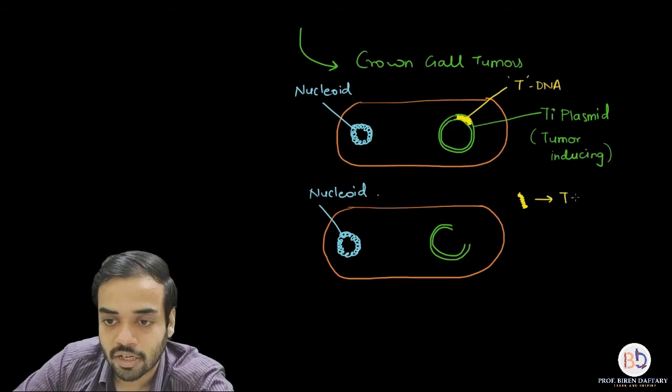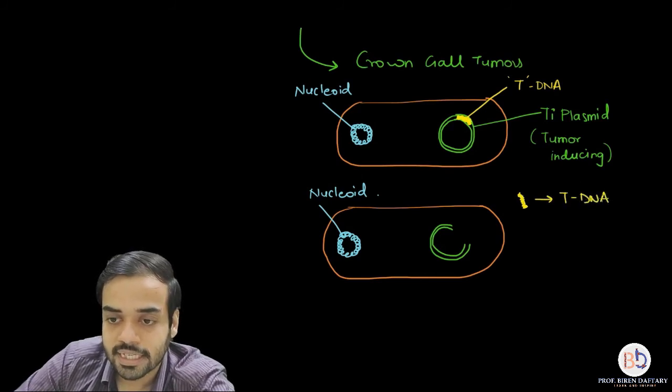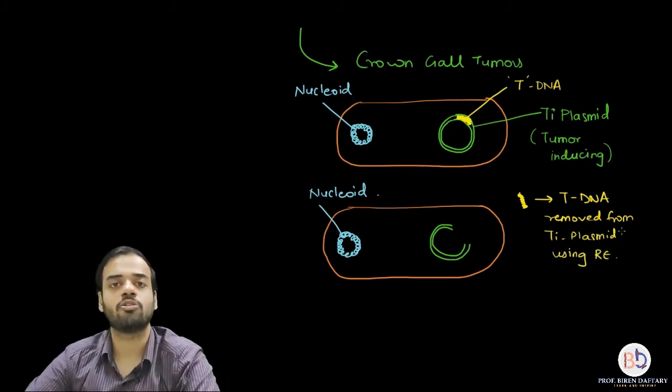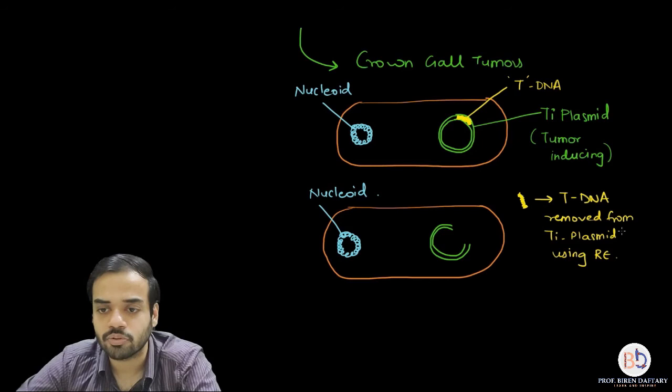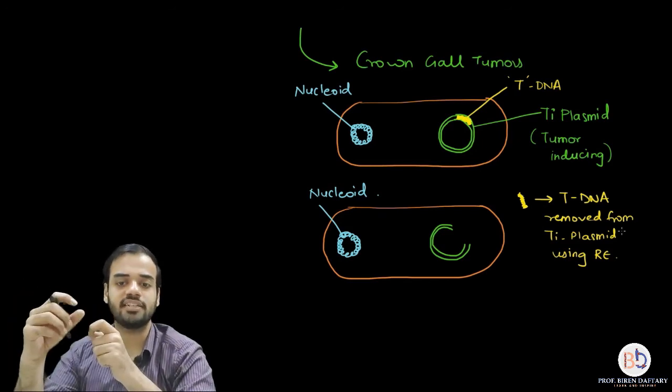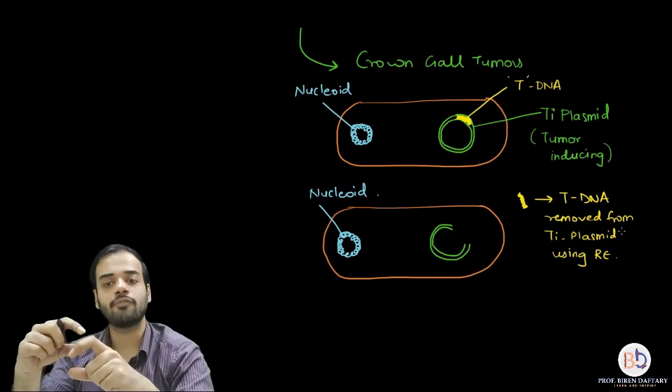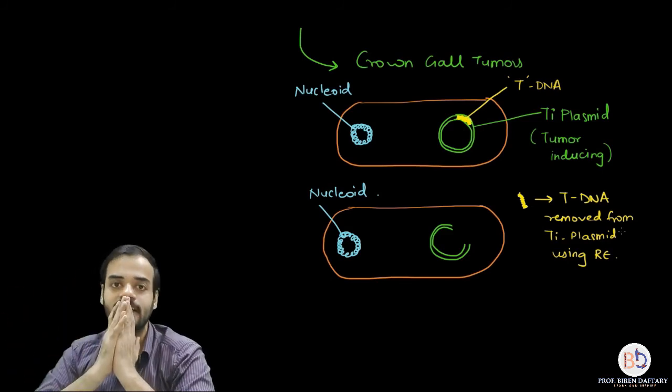So I will write it down over here: tDNA removed from Ti plasmid using restriction enzyme. Restriction enzymes are also written as RE, restriction endonucleases. So you have used a restriction enzyme and removed the tDNA, which is the harmful part, from the Ti plasmid. Now what do you do?